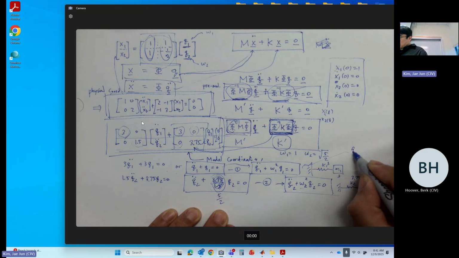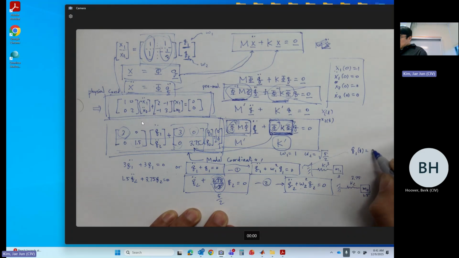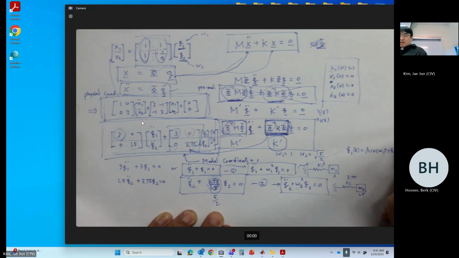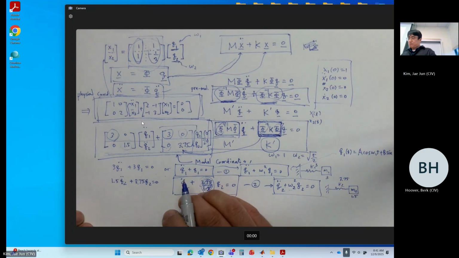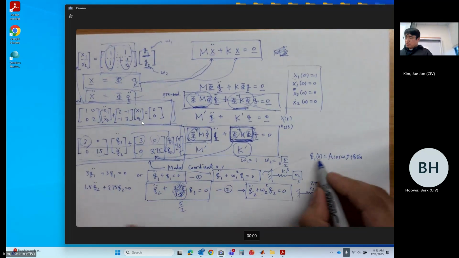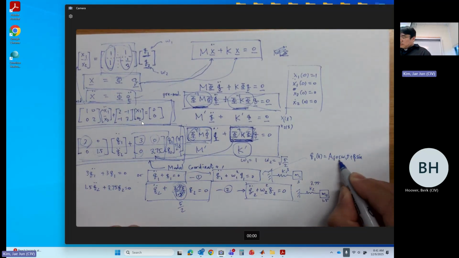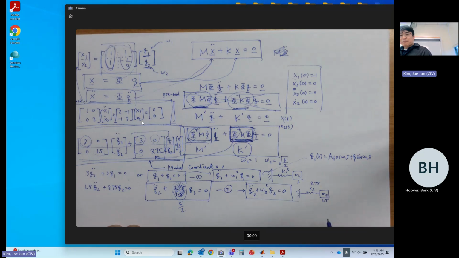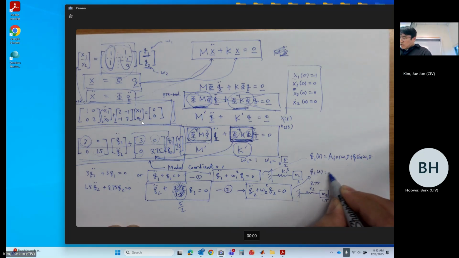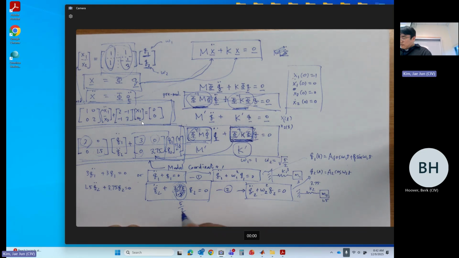Because q1 is a1 cosine omega 1 t plus b1 sine omega 1 t, and q2 is a2 cosine omega 2 t plus b2 sine omega 2 t, where omega 1 is square root of 1 and omega 2 is square root of 5 over 2, right?